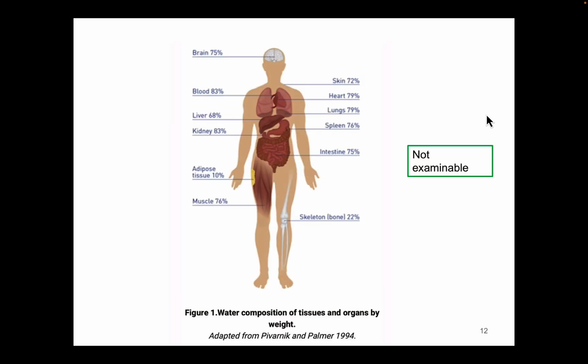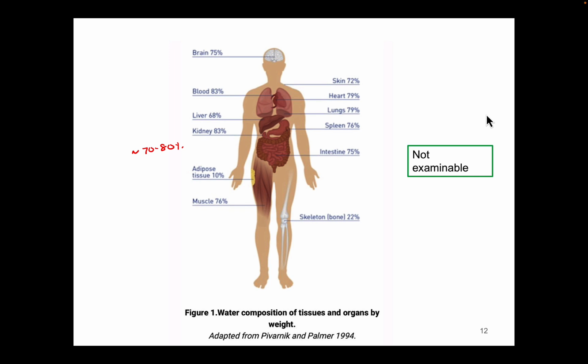The reason for this, if we look at the fluid composition of different organs, is that most of our organs are somewhere around 80% water by weight. So brain, blood, liver, kidney, they do vary somewhat, but somewhere around 70 to 80% water.